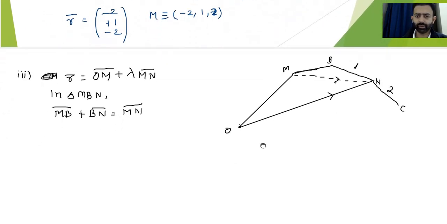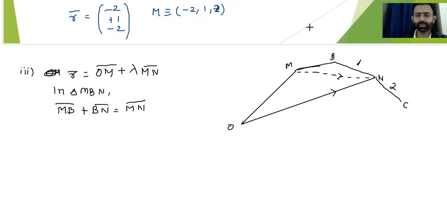Okay, triangular law again. Now MB means this was the midpoint. So whatever is the direction of this MN, MB I will write as OB minus OM. This is MB. Position vector of OM will be subtracted from OB, right?